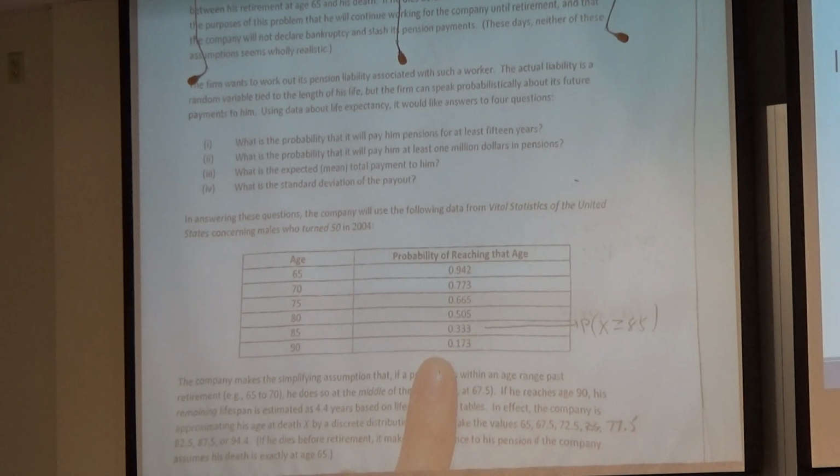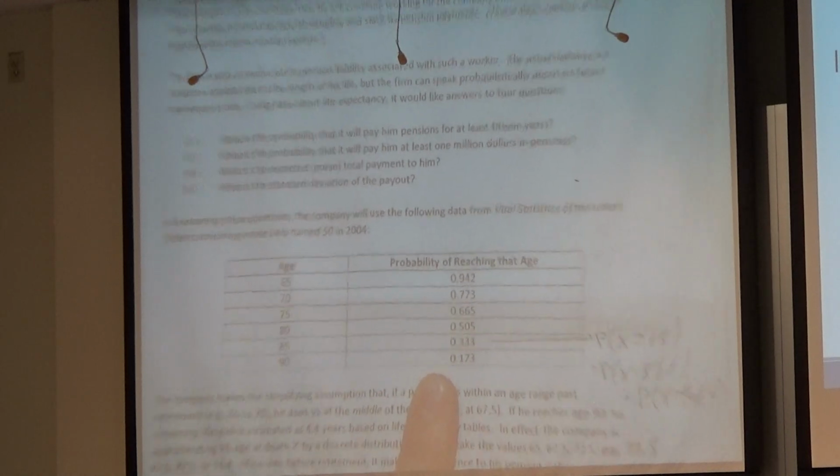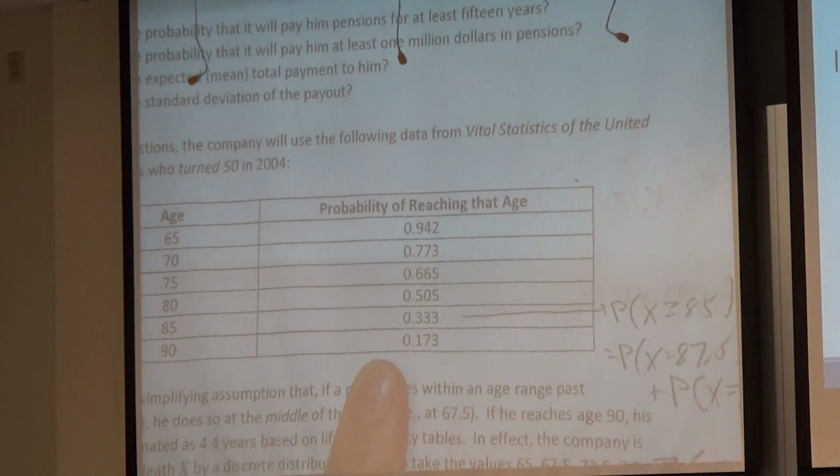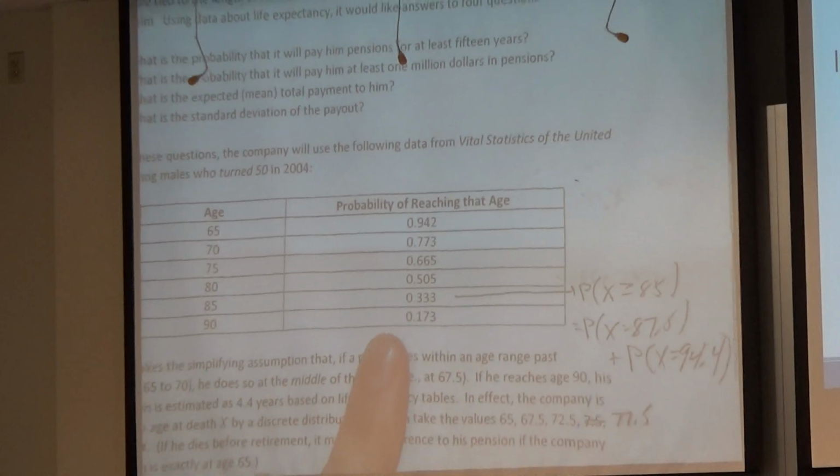And you told me you're perfectly happy with probabilities adding. Okay, so probabilities add. So how do I reach something greater than 85? Well, I either reach 87.5 or I reach 94.4. Right?